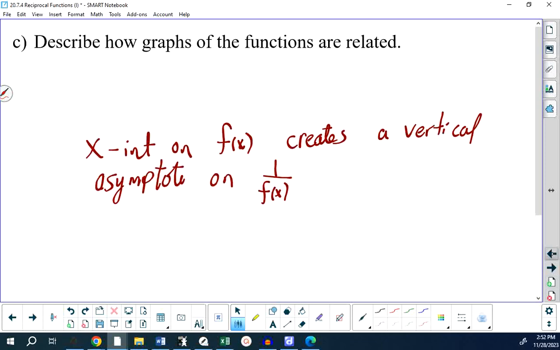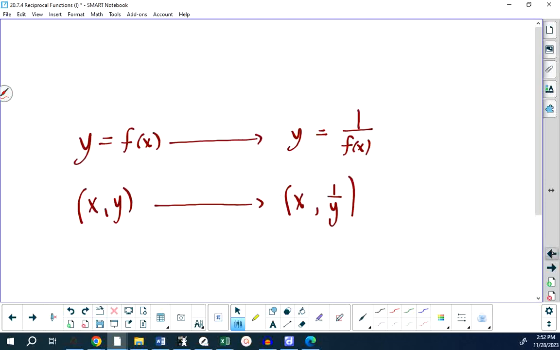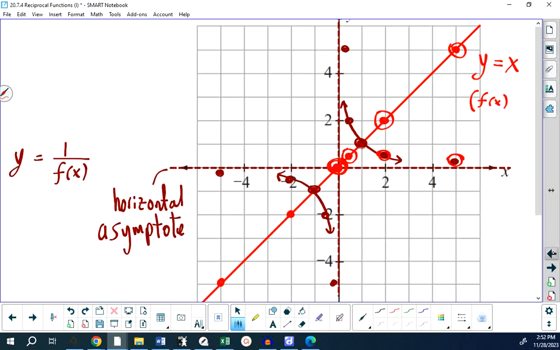What's another relationship? Well, another relationship, and this may seem weird that I'm pointing this out, is that as the red graph goes up, the reciprocal goes down. When you go left to right here, the red graph is always rising. We said that as a number gets bigger, the reciprocal gets smaller.